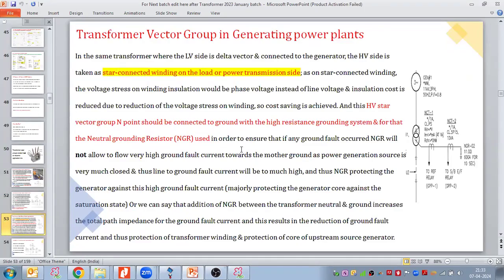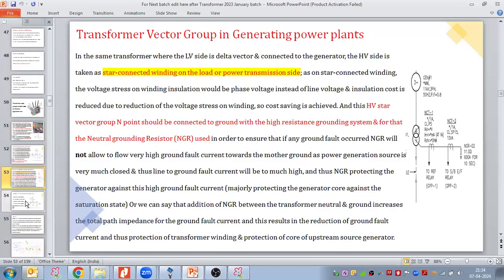So HV side vector group neutral point should be connected to ground with a high resistance grounding system, and for that the neutral grounding resistor is used in order to ensure that if any ground fault occurs, NGR will not allow high ground fault current to flow towards the mother ground, as the power generation source is very much close, and thus line to ground fault current will be very high, and this NGR protects the generator against the high ground fault current.